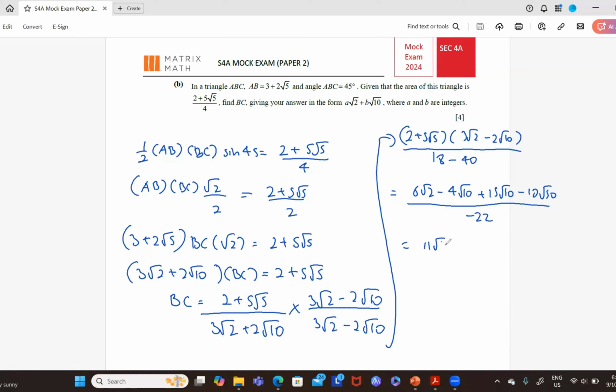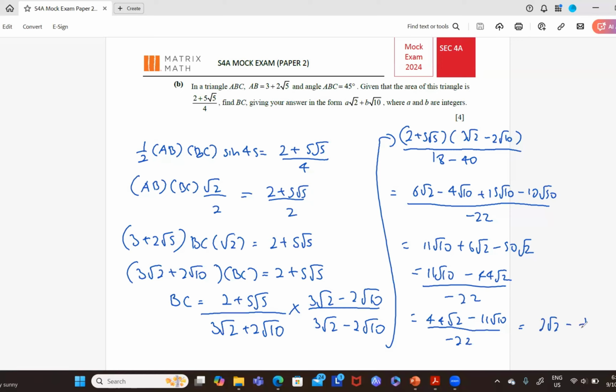So it becomes 11 square root 10 plus 6 square root 2 minus 50 square root 2. So it's 11 square root 10 minus 44 square root 2 over minus 22. Okay, interchange the minus above, so it's 44 square root 2 minus 11 square root 10 over minus 22. So all of them are multiples of 11. So you can write your final answer as 2 square root 2 minus half square root 10, which is in the same format as this.